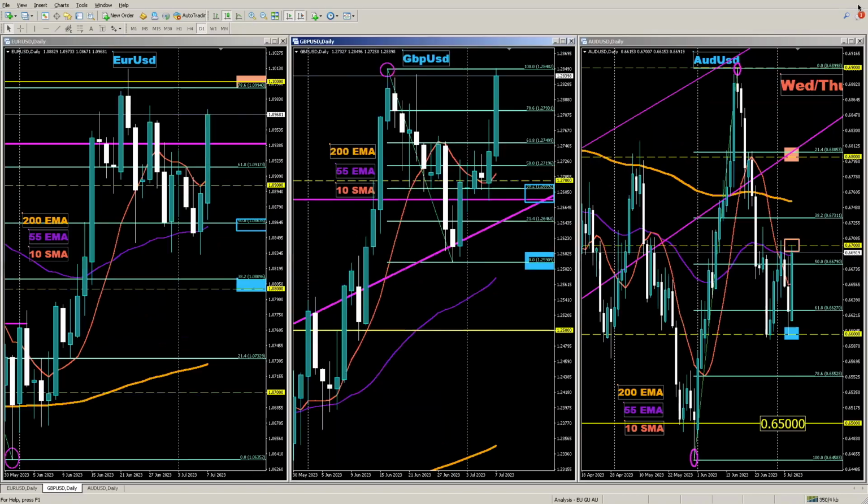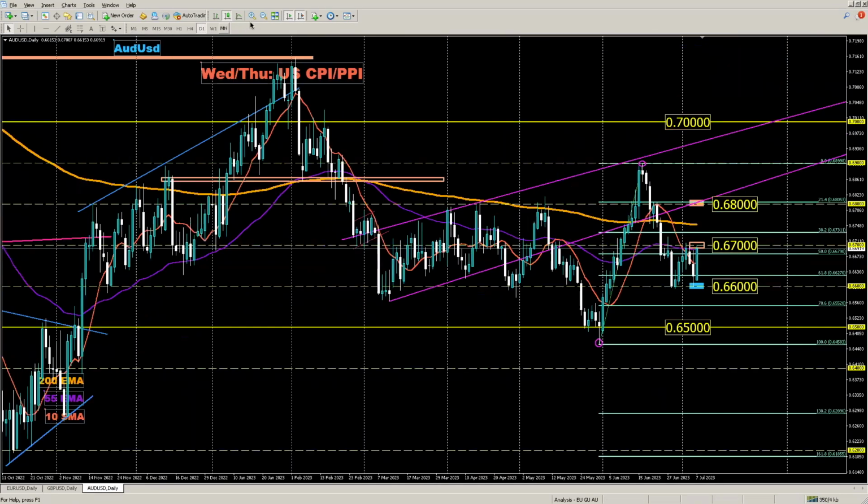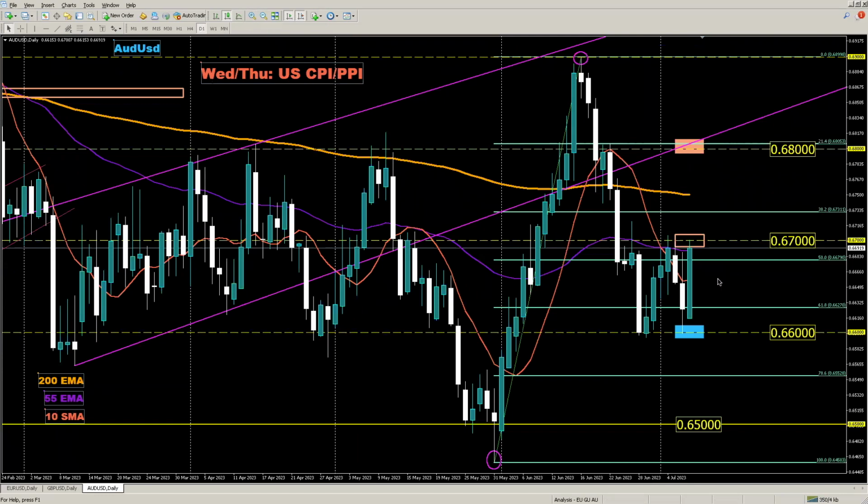All right, let's move on to the Aussie dollar. After testing the 67 level at the start of the week with the RBA announcement on Tuesday of just holding rates for this month and a potential increase in later months, and after that, on Wednesday, Thursday, it fell all the way back to support at 66 before Friday's non-farm payroll report, and managed to recover back above the daily 55 EMA and test the 67 again.